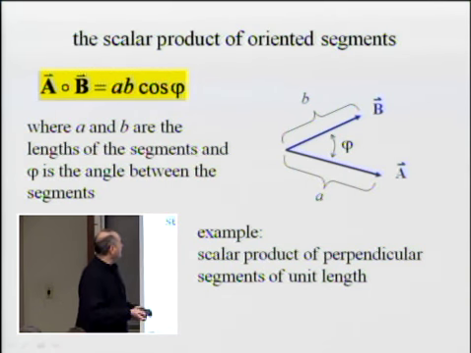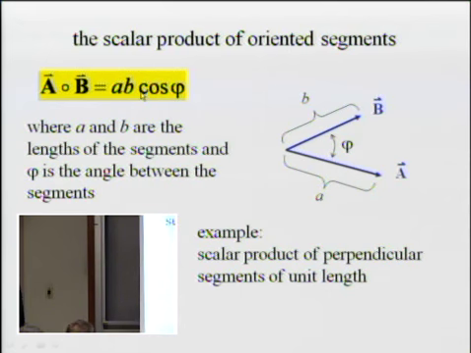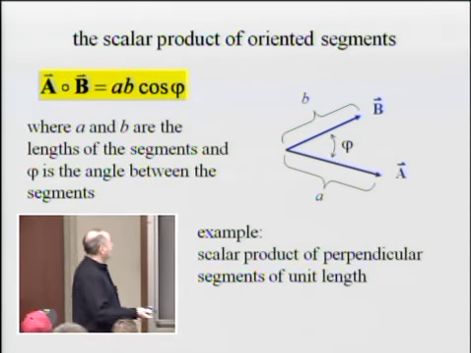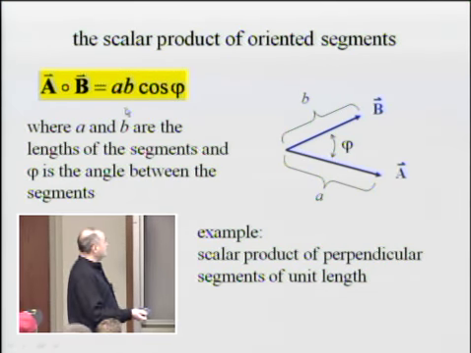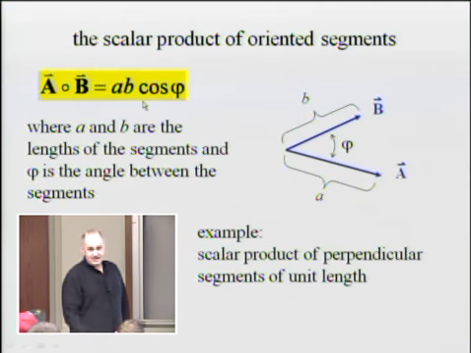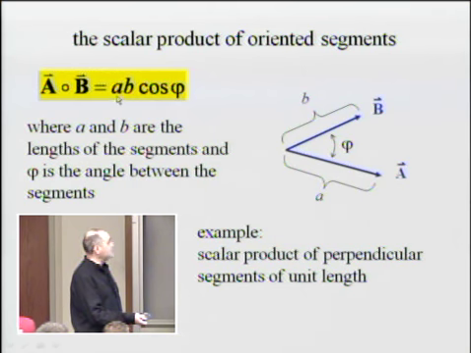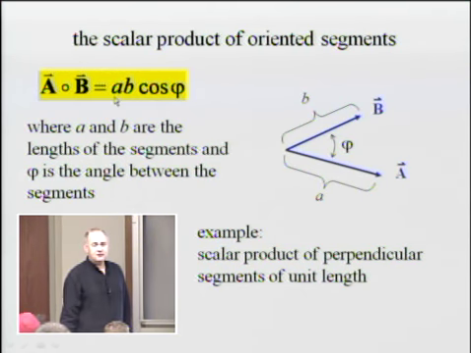Over here, look, when we calculate scalar product, we don't use vector A. We use its length. So if I think about vector i, I shouldn't use here i, but I should figure out what is the length of vector i.